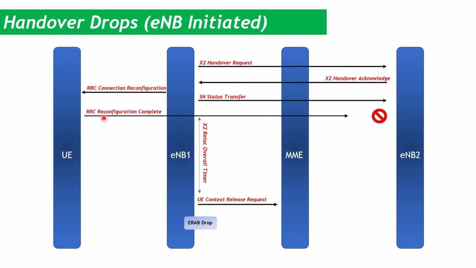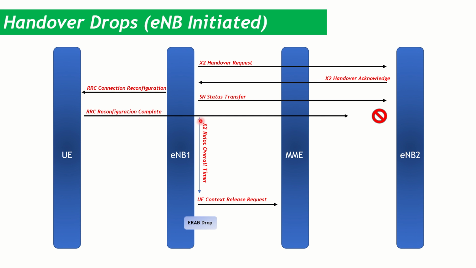But what if the UE is unable to complete this part, and during this time the eNode B1 will have an X2 relocation overall timer. Now this timer is something that the eNode B1 starts after it has sent the RRC connection reconfiguration to the UE, and it stops when it successfully gets the handover successful intimation from eNode B2. But in this case, because the UE was unable to reach the eNode B2, the eNode B2 will never send a UE context release to the eNode B1 telling the eNode B1 that the handover was successful.